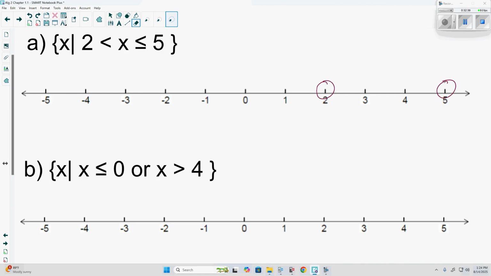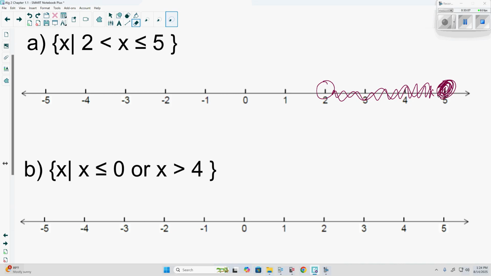So we have two main points, one at 2 and one at 5. Yes? Our 2 would be open and 5 would be closed. And because x is in the middle, we shade in the middle. That's it.